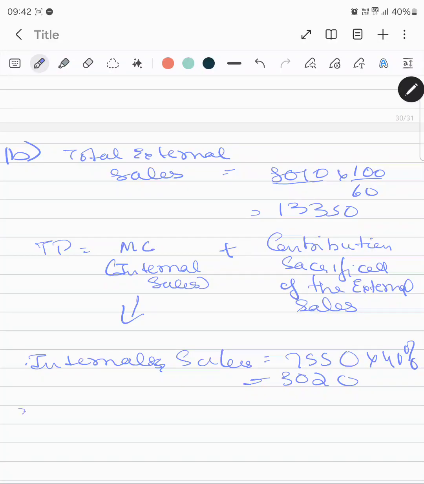Now how much contribution is sacrificed for the external sales?